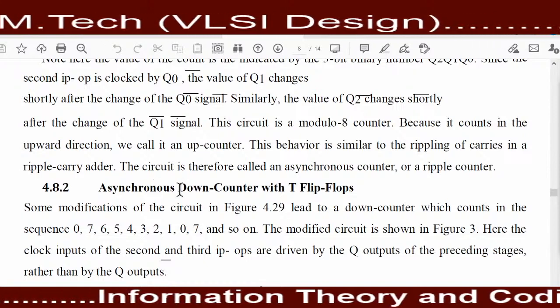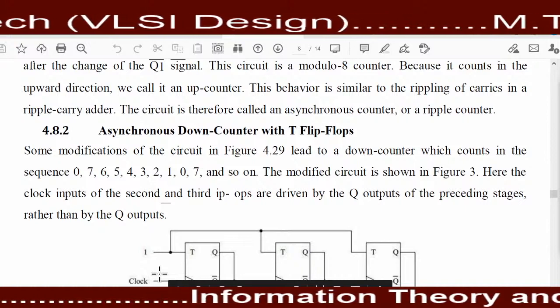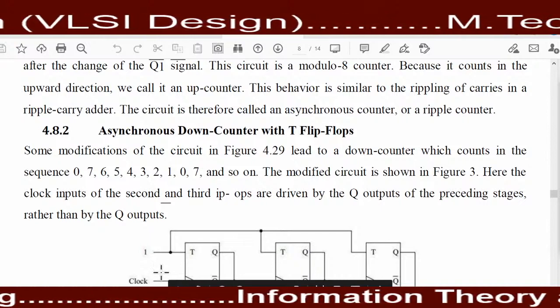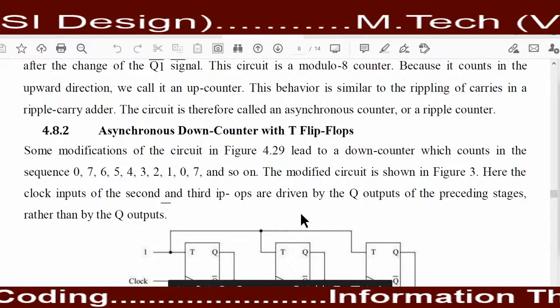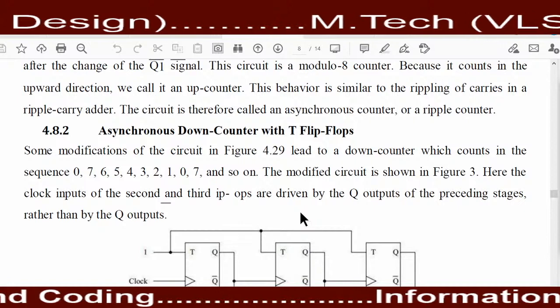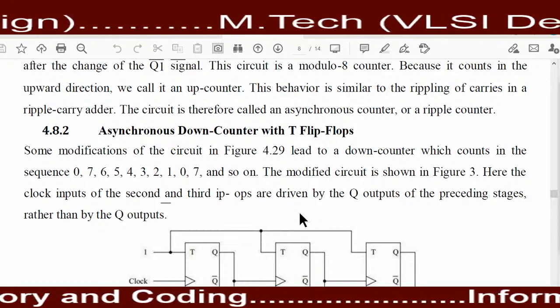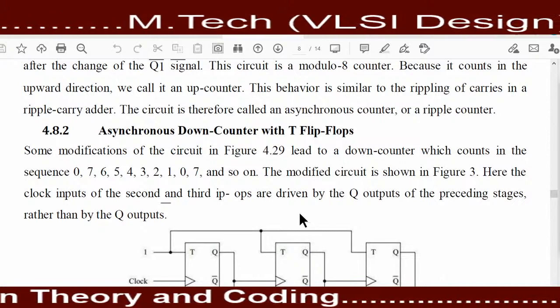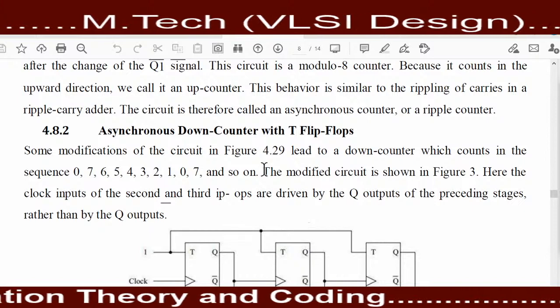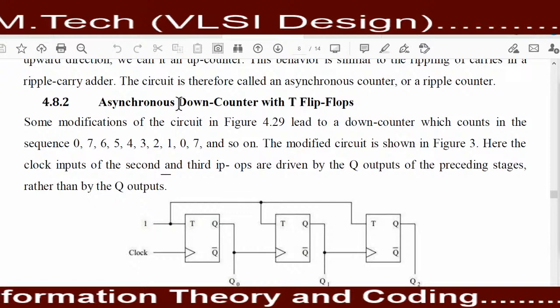It means that when we provide the first clock pulse, the counter provides the maximum counting state. When we provide the first clock pulse, the counting sequence will be 1 1 1, and when we provide the second clock pulse, the counting sequence will be 1 1 0. It means that the counting sequence decreases one by one, and because of this down sequence, this type of counter is known as a down counter.